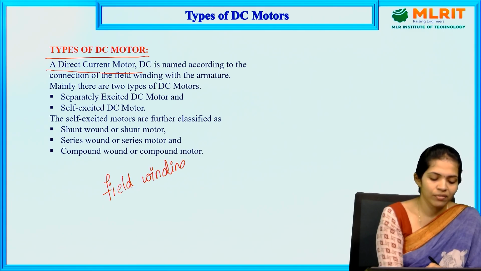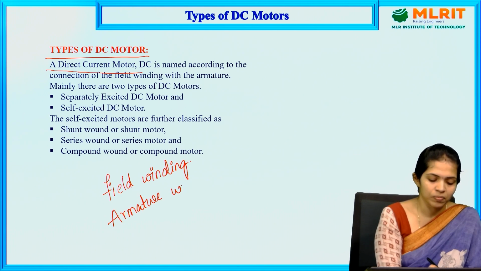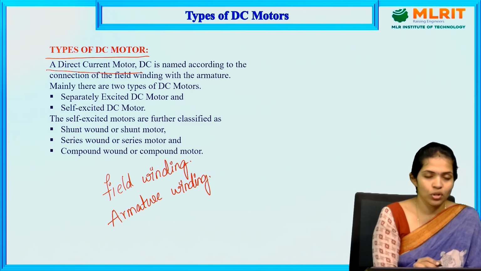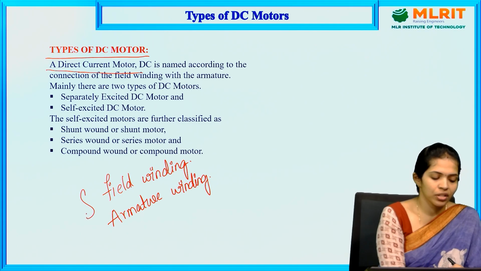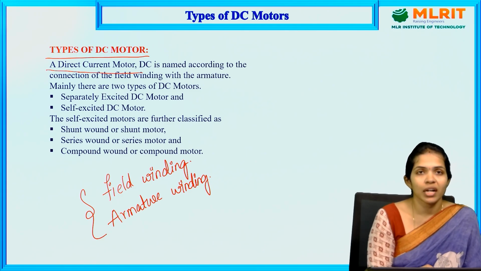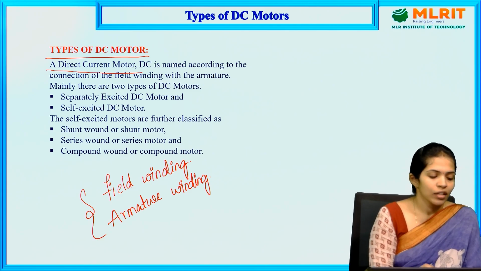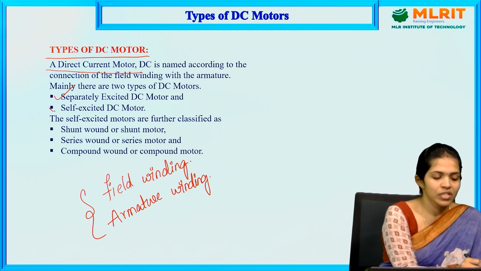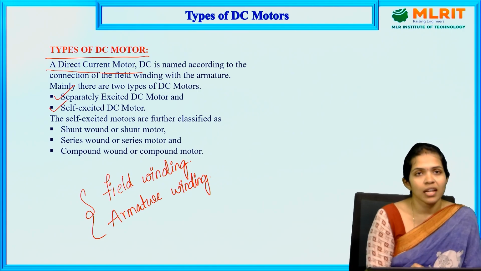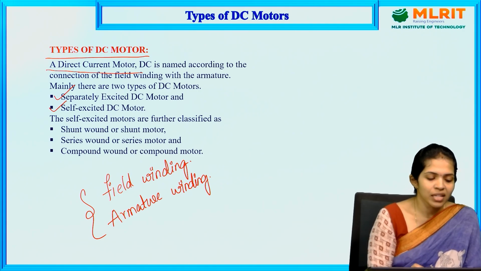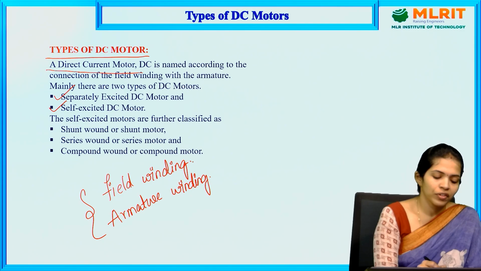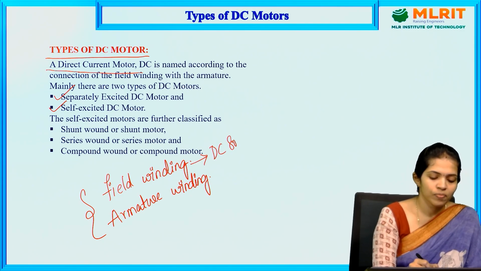We basically have two windings, one in the field and the other in the armature. Based on the connection of these two windings, the motors are classified into two types: separately excited and self-excited. A separately excited DC motor means the field winding is separately excited by a DC source.